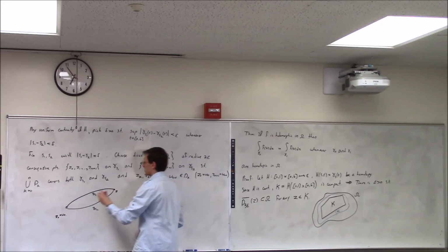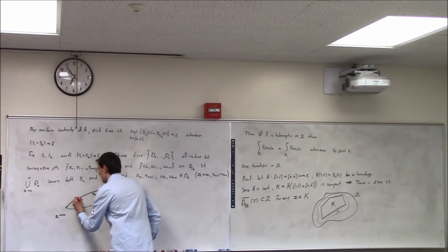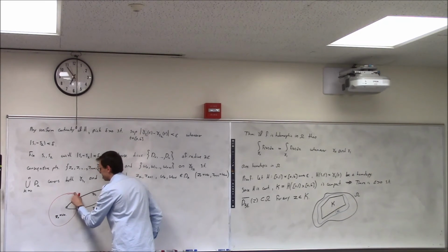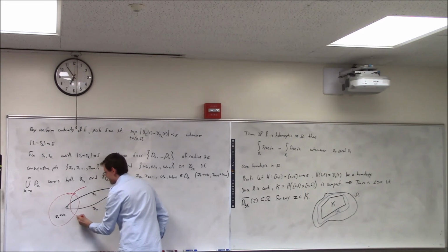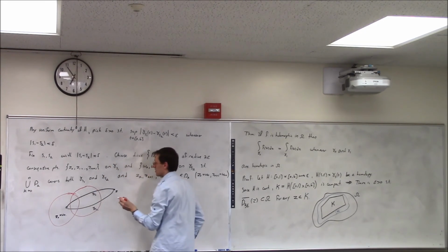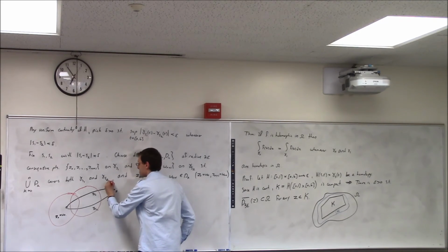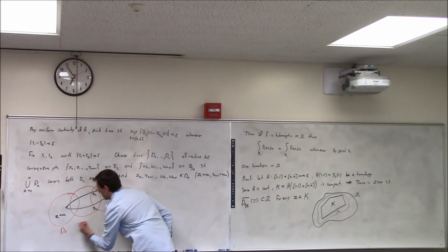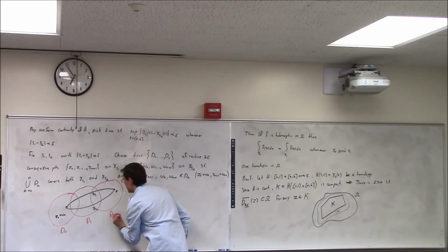So then you have circles of radius 2 epsilon that cover this thing. Here is one such circle, here is another such circle, and here is another such circle. So this is D0, this is D1, this is D3.